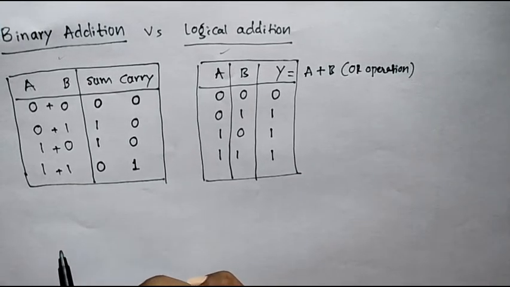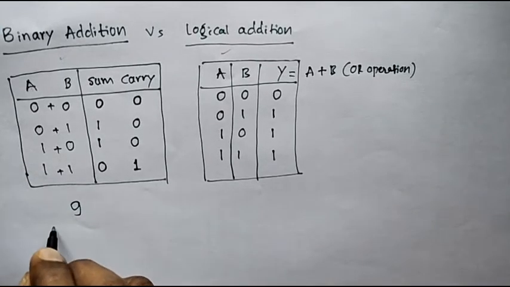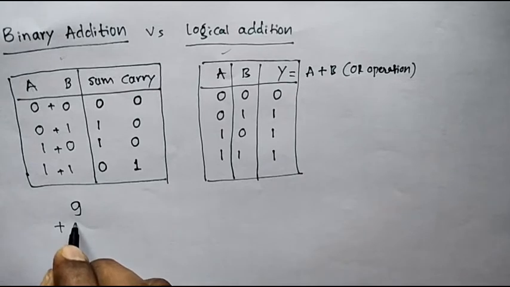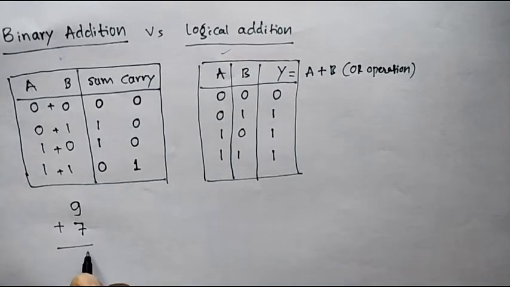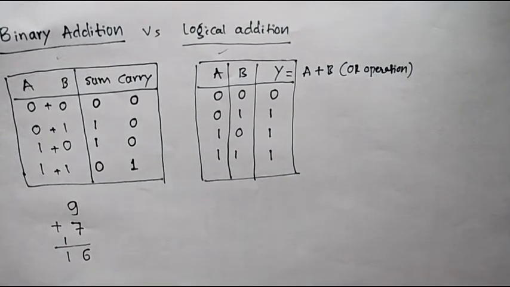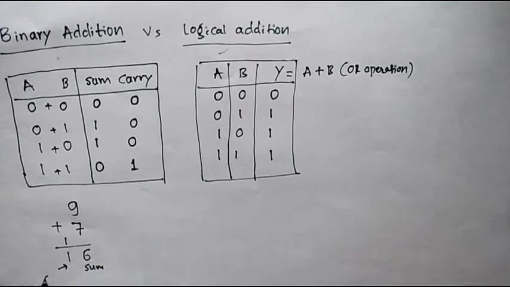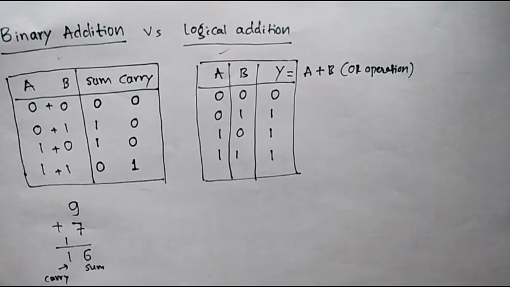For example, if we want to add two decimal numbers, say 9 plus 7, we will get the result as 6 and carry as 1. Actually here sum is 6 and 1 is carry. Together we will call it 16.